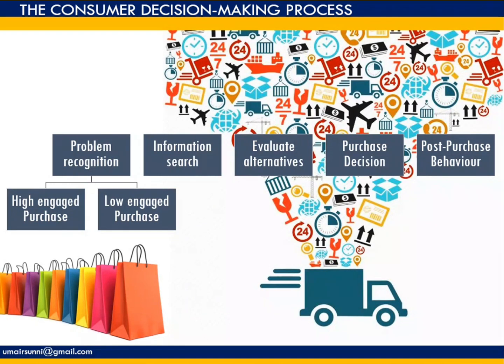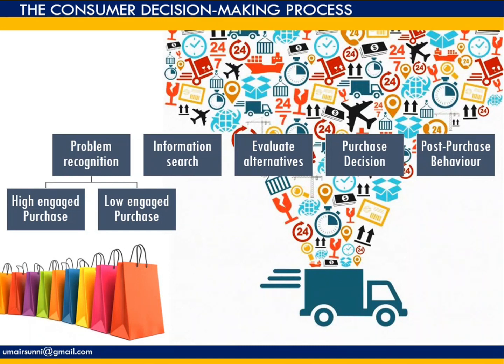But there are certain decisions for which we do information search, and this time the information search is quite elaborate and exhaustive. So the answer is, in case it is a non-routine purchase, also known as high engaged purchases. So what are so-called non-routine or high engaged purchases? These are purchase decisions which do not occur quite often, maybe only a few times in your lifetime, or maybe only once in your lifetime.